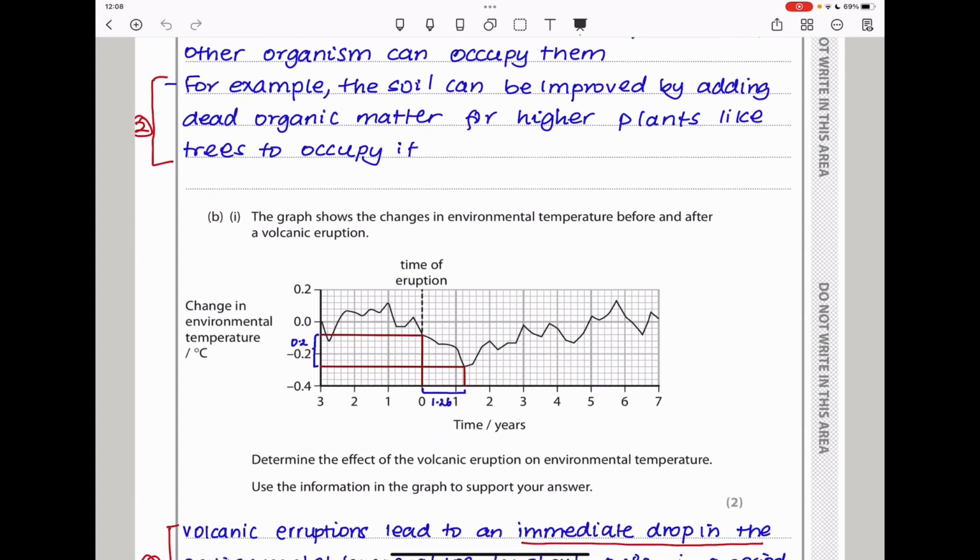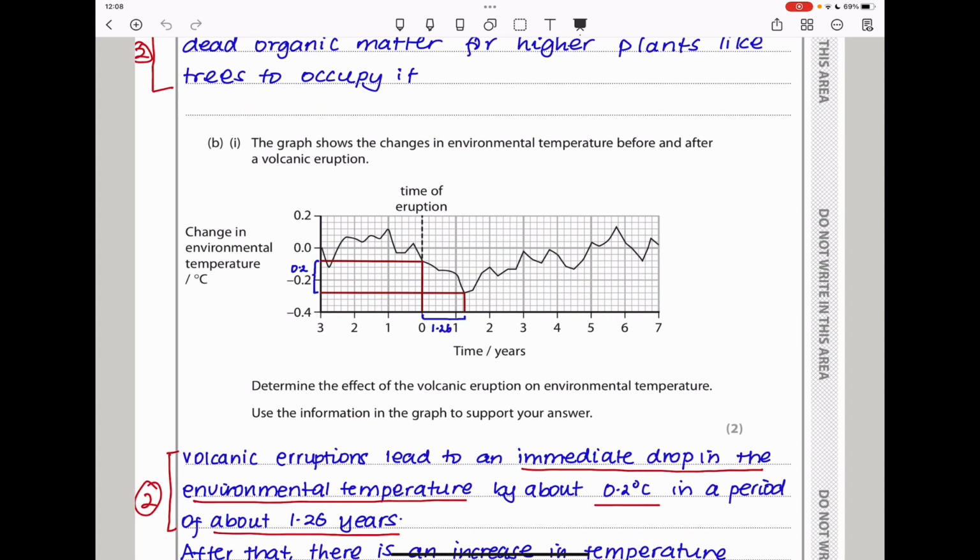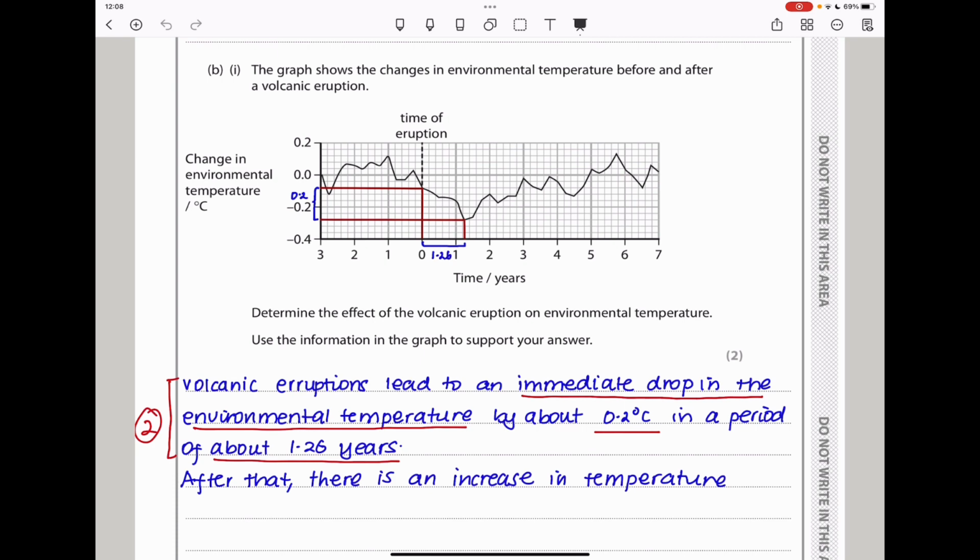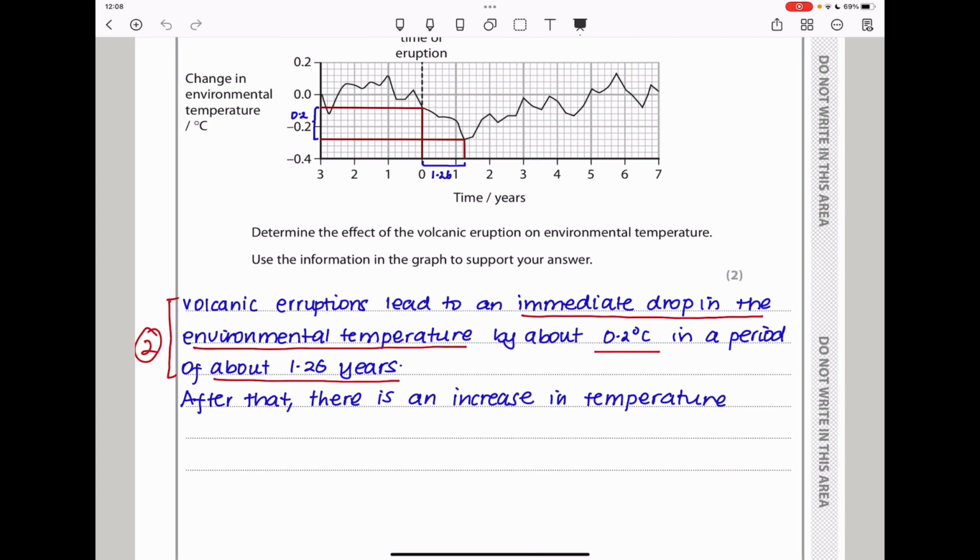Moving on, they say the graph shows the changes in environmental temperature before and after a volcanic eruption. So the vertical axis shows us the change in environmental temperature, and here we can see time in years, and you can see this is when the eruption took place. So they ask, determine the effect of the volcanic eruption on environmental temperature and use the information in the graph to support your answer.